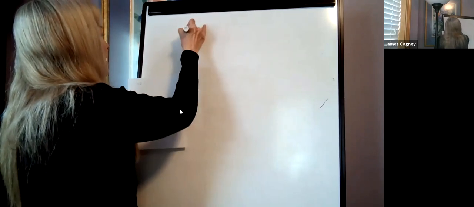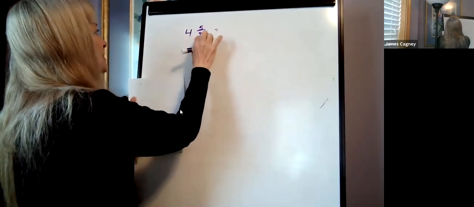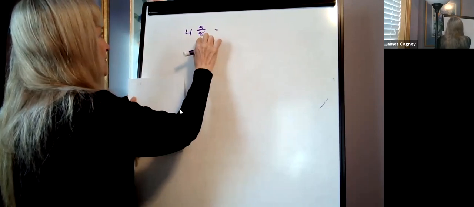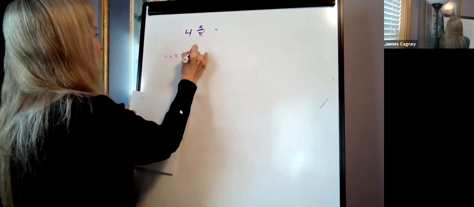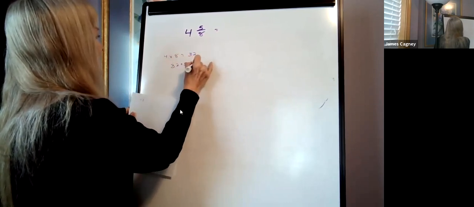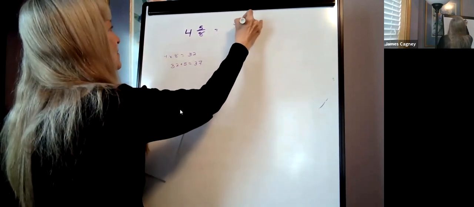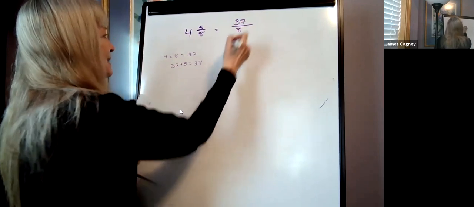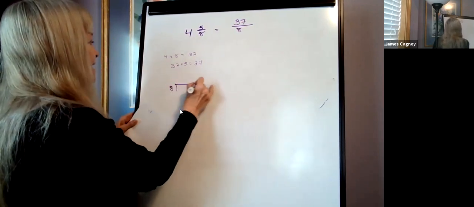So 4 and 5/8. I think about this as 4 times 8 is 32. Let me write this down. 4 times 8 is 32. 32 plus 5 is going to be 37. So the numerator is 37 and the bottom stays 8. And I can check this out for a second and see, did I get the same thing?